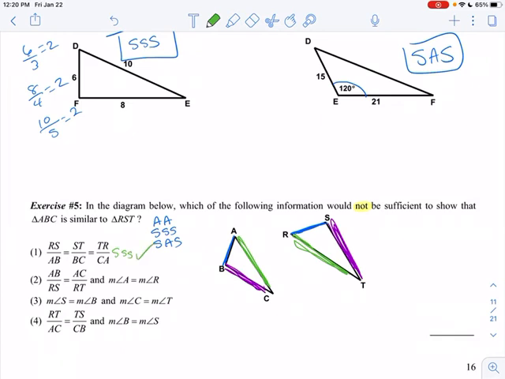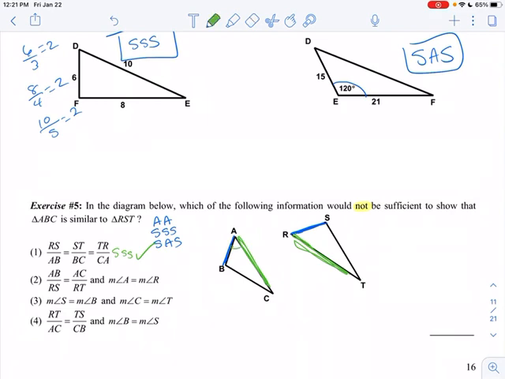Good. All right, number 2 is saying AB, which I have in blue, over RS, which again I have in blue, AC, which I have in green, and RT, which I have in green. So I know those are in proportion. All right, I don't know this purple side, but I know the ones I have in blue and green.